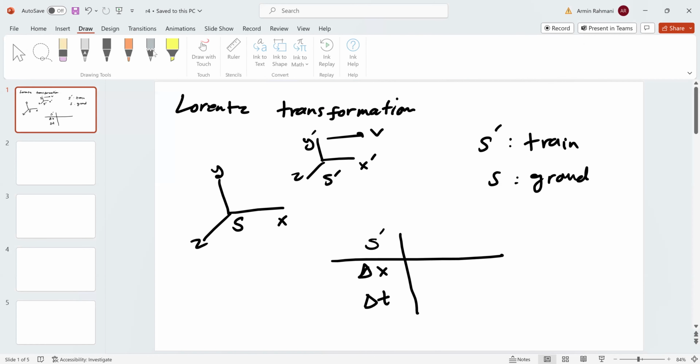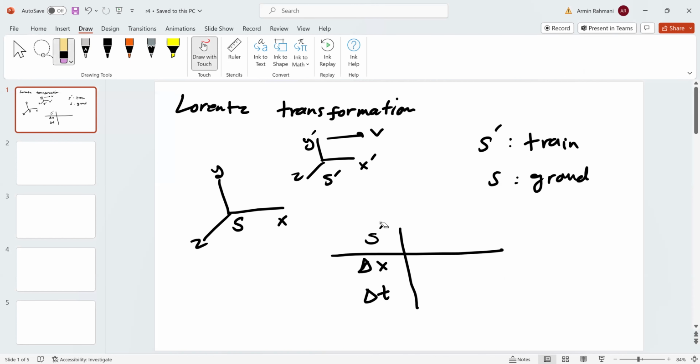And in S prime, we have delta x prime and delta t prime. So these are the times and distances between two events that observers standing on the ground and standing on the train measure, respectively.